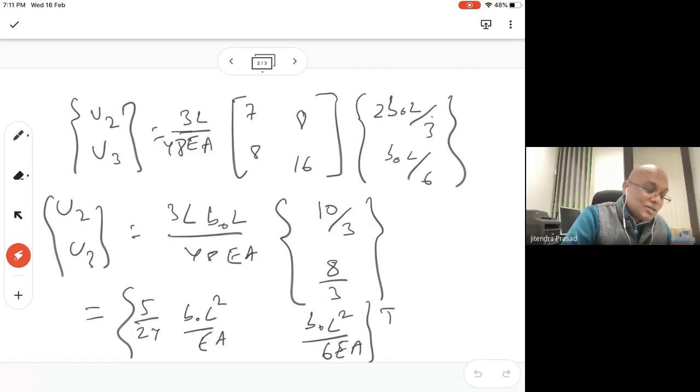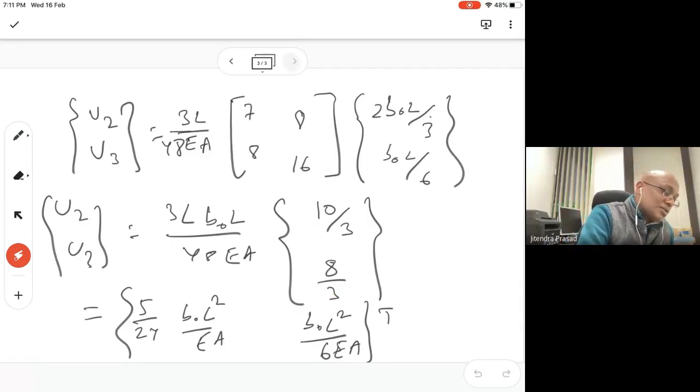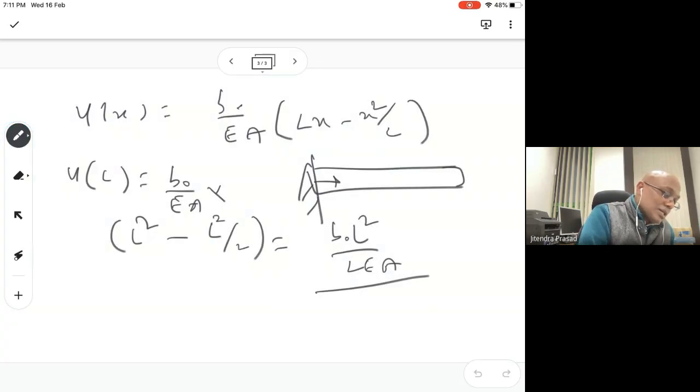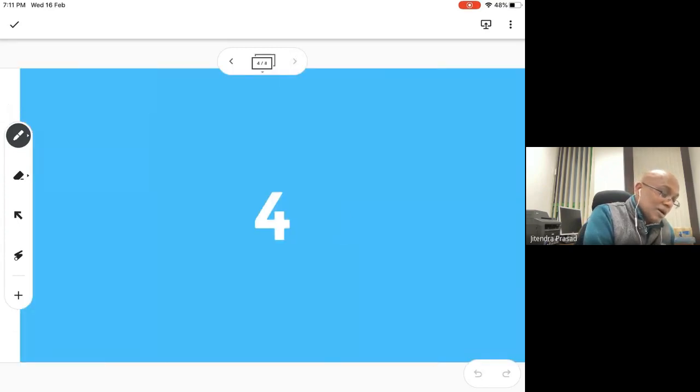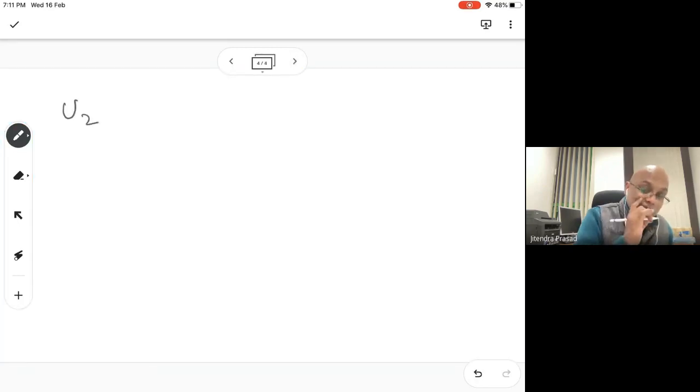Okay, so finally U3 you should get is equal to the expected value, and U2 accordingly, because you will get the exact solution in this case.